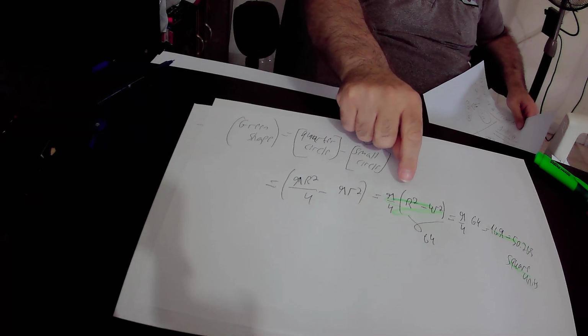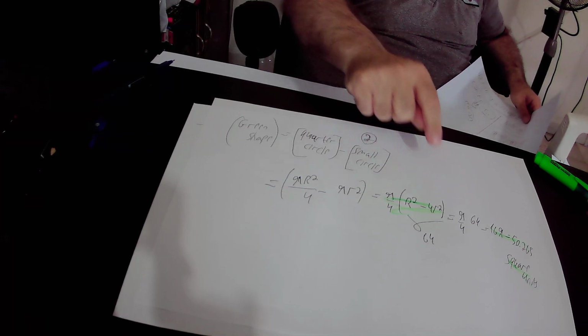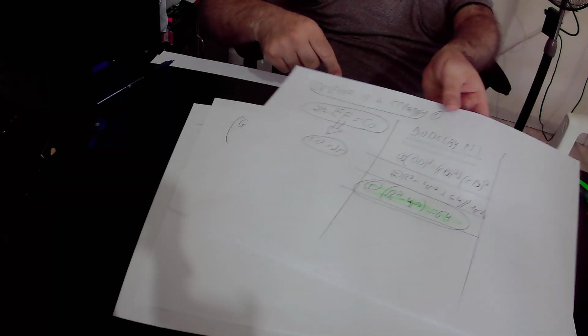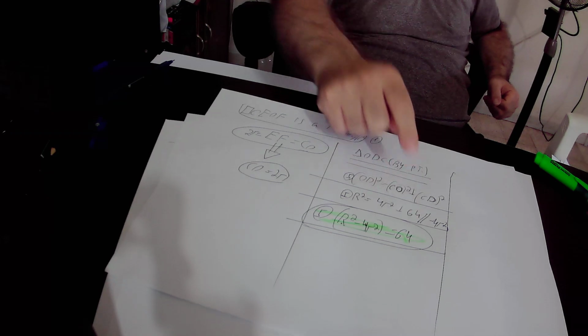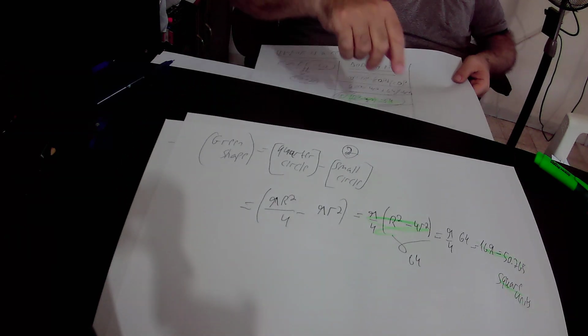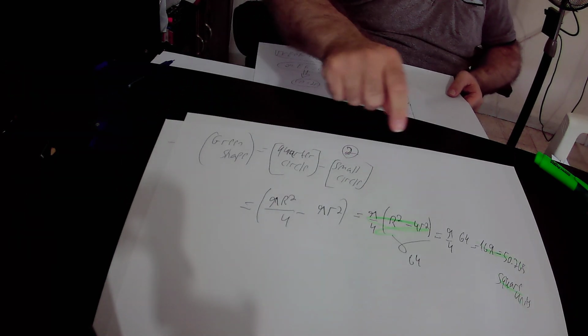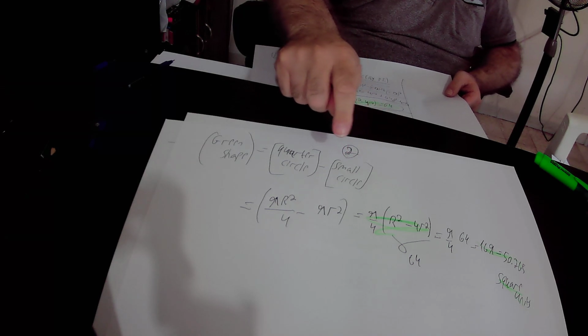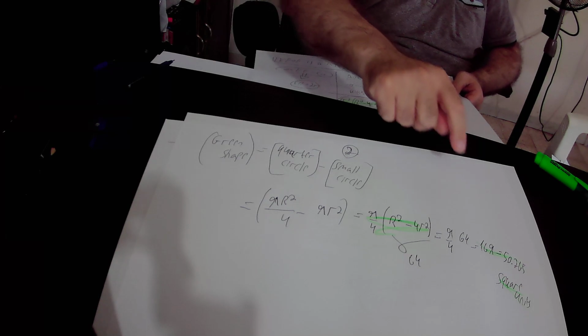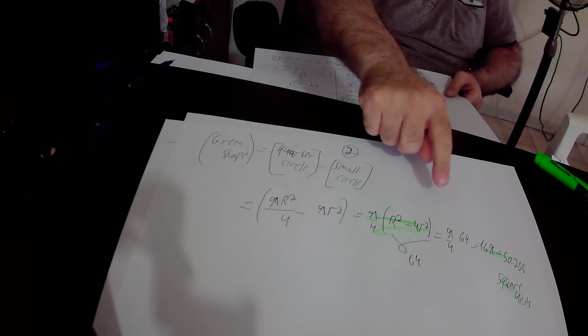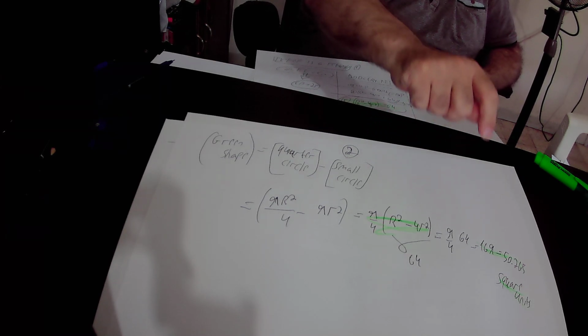But this expression, capital R square minus 4R square, is equal to 64. That is to say, we can substitute this expression by 64. We did it, and we got that the area of the green shape equals pi over 4 times 64. 64 over 4 is 16, so in total this expression equals 16 pi.